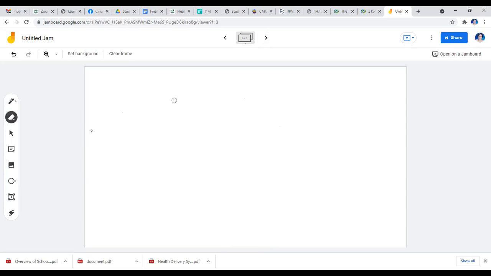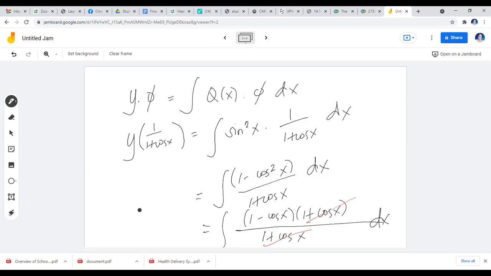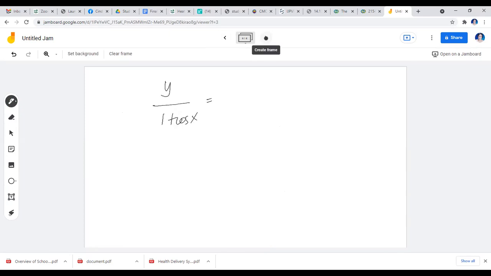Your left side, which is y over 1 plus cosine of x, is equated to this one. Now it's left with this integral only. So you will have the integral of 1 minus cosine x dx. If you integrate this, I think it's very simple already.